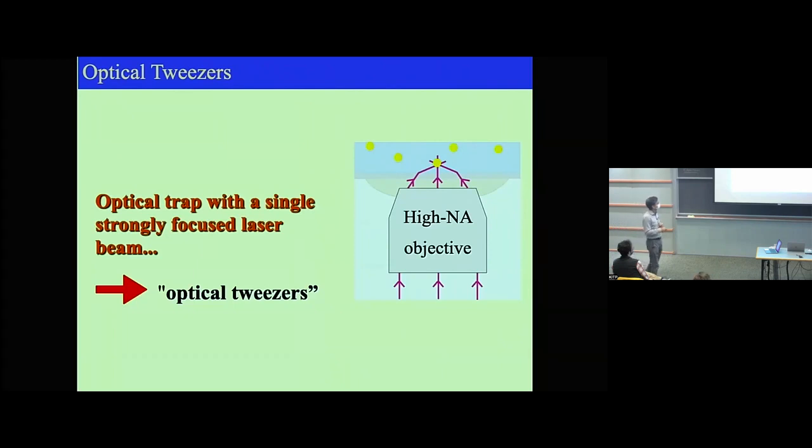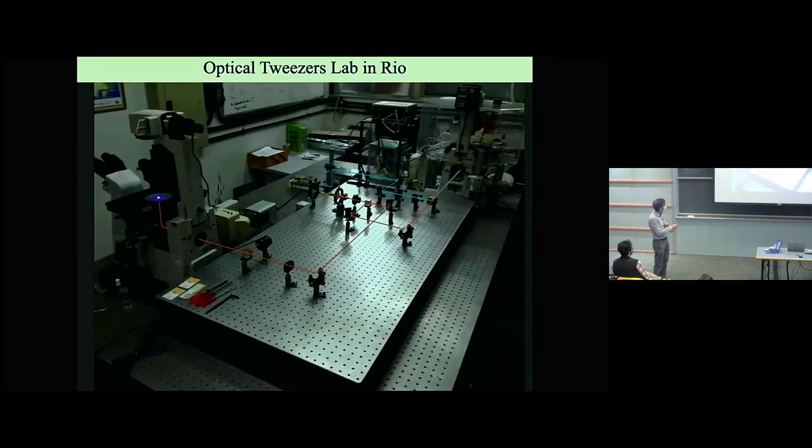So that works provided that this is highly focused. In this picture, I have the laser beam coming here, the objective is here, and my sample is here, and there is some illumination coming from LED light here.